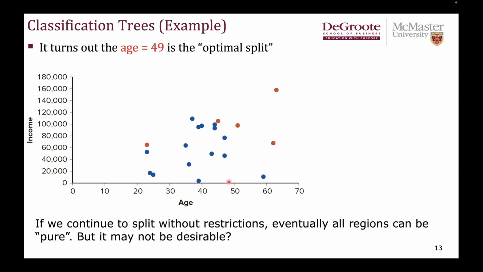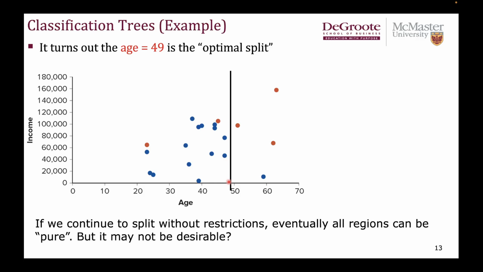Okay. Now, after I split it based on, let's say, age 49, which is the optimal first split, I now have two regions, right? Typically, we don't necessarily stop after performing a split. So now we have two regions. I will think about whether or not and how I should split the right region further into two subregions, right? And same thing for the left-hand side, right?